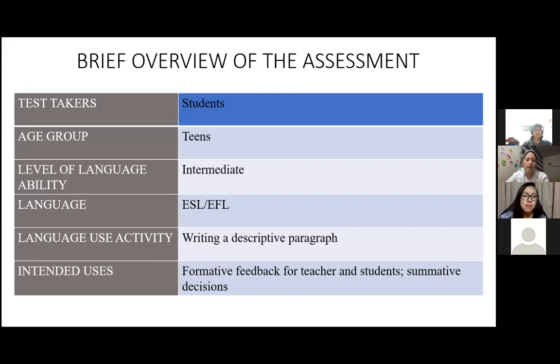In this case, we have teenagers. The third one, level of language ability. This is intermediate. And for language, English. Fifth, language use activity. In this case, writing a descriptive paragraph. And the last one, intended uses, which are formative feedback and summative decisions.